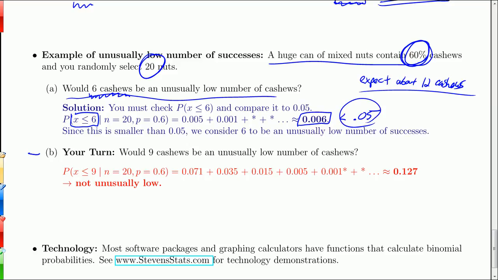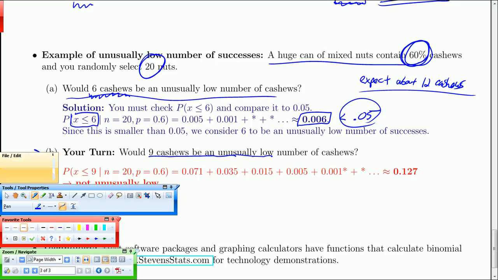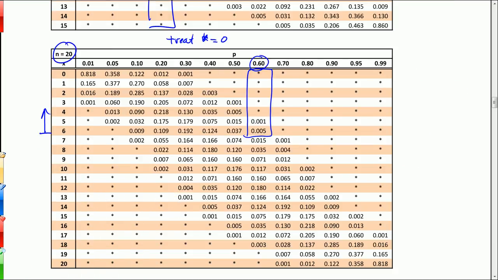Would 9 cashews, so you're expecting 12, you get 9, would 9 be considered unusually low? Well, let's go take a look. We go to our table. Right there. And we're looking for 9. So we actually get a few more than what we had before. So 9 or fewer. These right here.